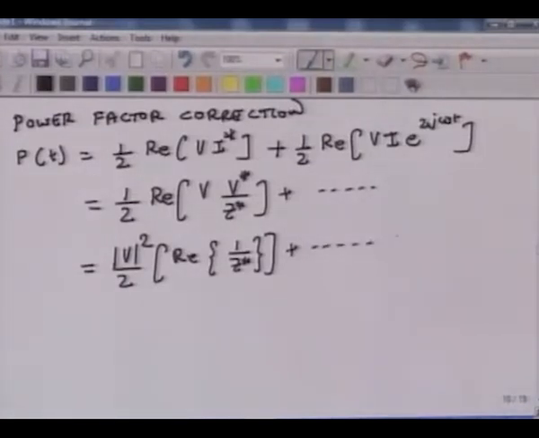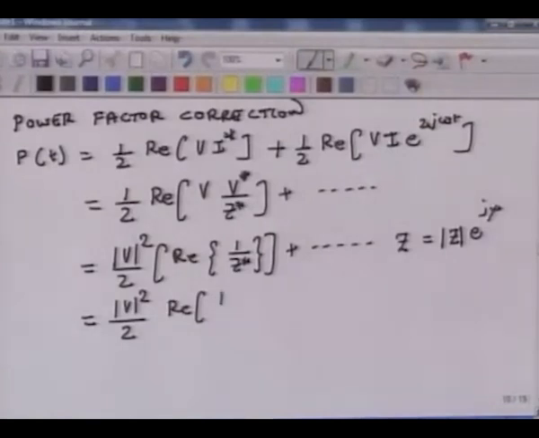Now let's say that Z is magnitude of Z times e^{j psi}. If I plug this relation in here, I get magnitude of V squared over 2, and then real component of 1 over e^{-j psi}, and then the oscillating components.